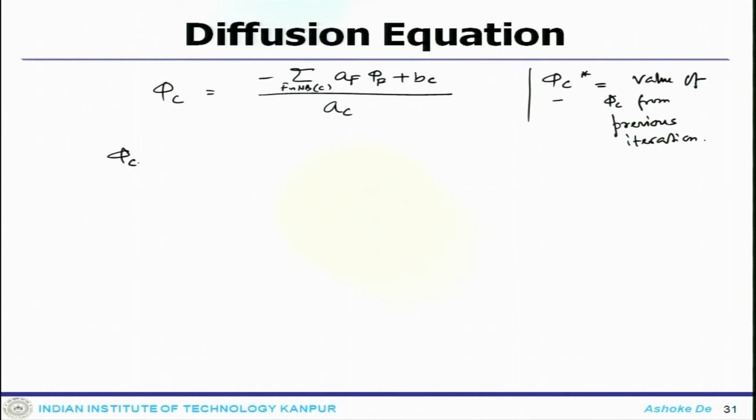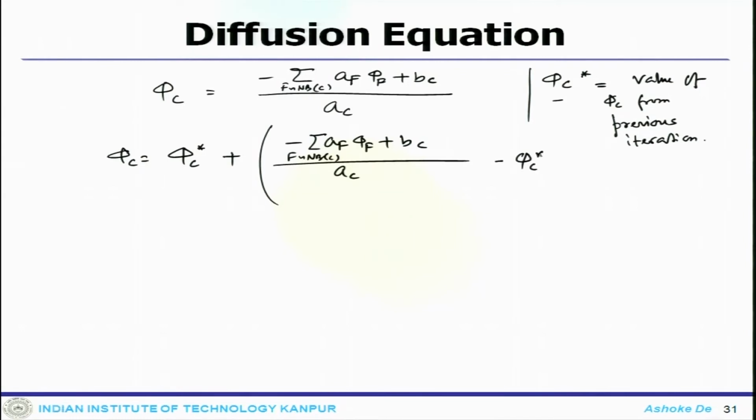Let us see, I will do the addition, then I will have minus the sum of A_F phi_F plus B_C over A_C, minus phi_C star. So, I have just done this: on one hand I have added phi_C and subtracted phi_C.